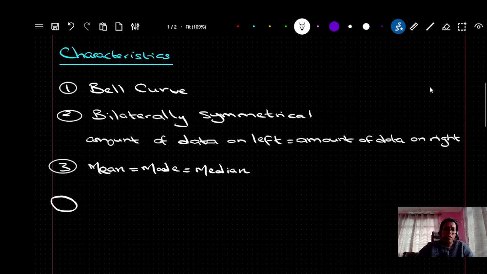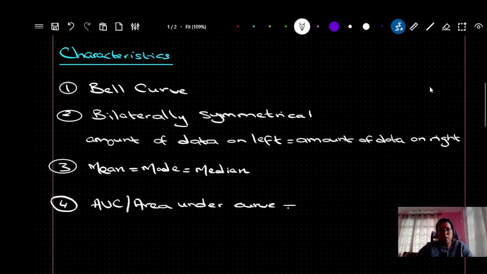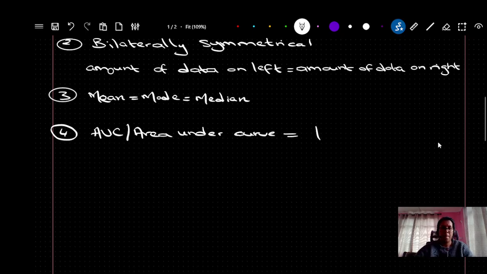The area under the curve is called the AUC. Area under curve is equal to 1, always equal to 1.